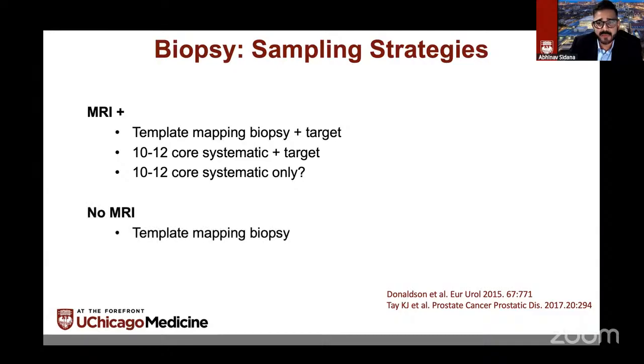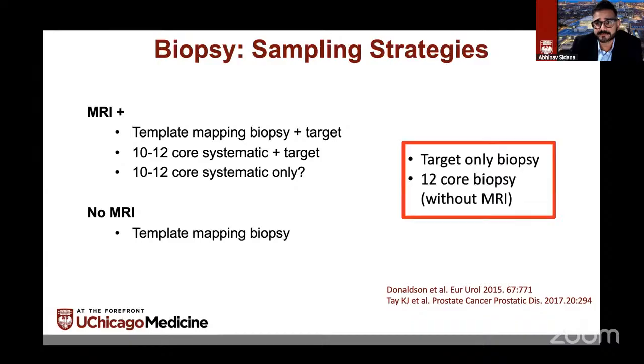In the absence of mpMRI, a full transperineal template mapping biopsy was considered sufficient to perform focal therapy. However, most consensus statements and experts agree that focal therapy should not be offered only on the basis of a target-only biopsy or a random 12-core biopsy without an MRI.